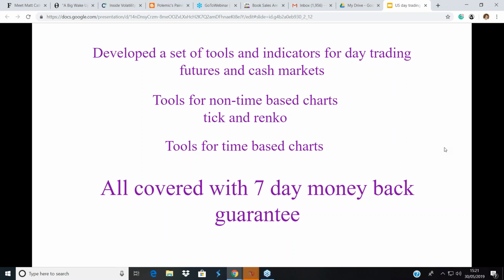You really have to get in and come out very quickly when you're aiming for a small number of points, and David will be explaining his setup and how you incorporate them with the time charts as well.